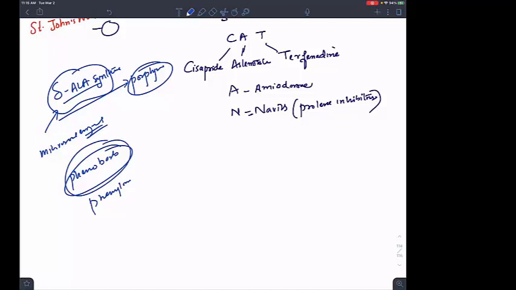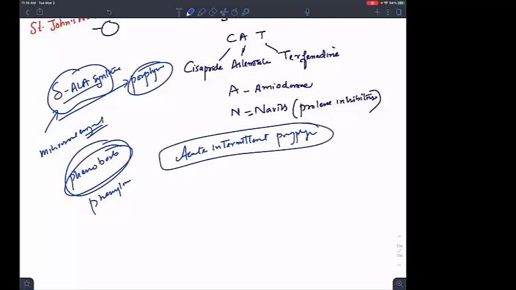Meaning thereby, if a patient is already a patient of acute intermittent porphyria, in this disease there is a greater amount of porphyrins in the blood. Will you give this drug phenytoin to this patient? No, it is absolutely contraindicated in a patient of acute intermittent porphyria.